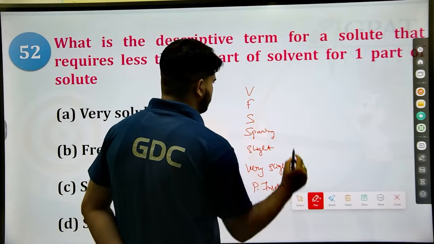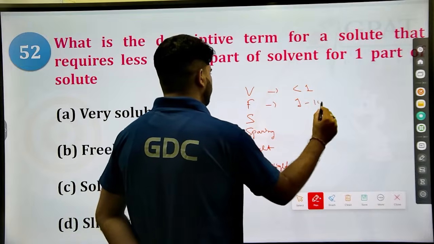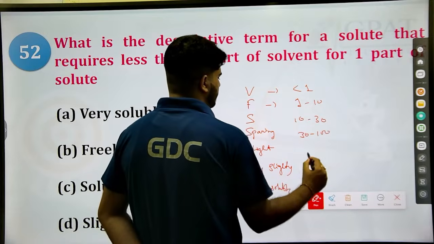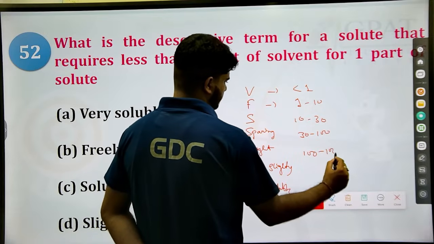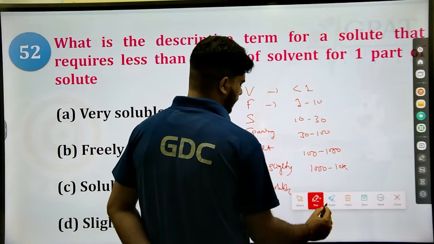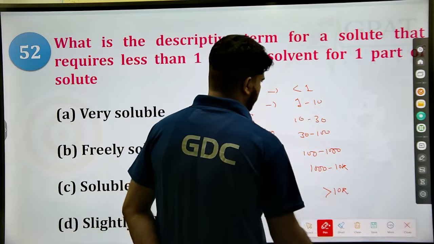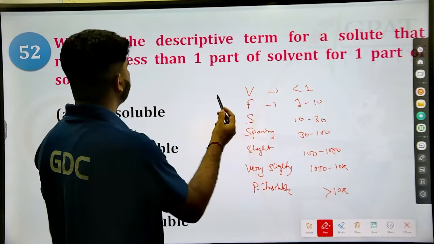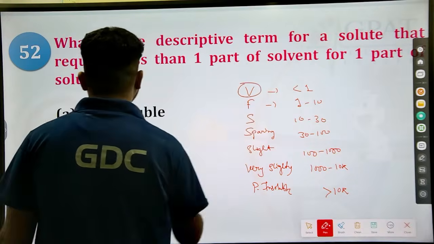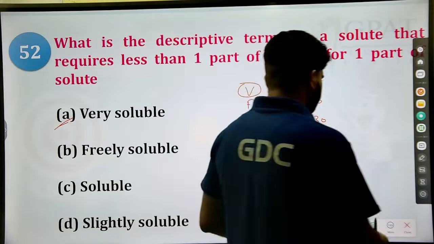So that is less than 1, freely 1 to 10, 10 to 30, 30 to 100, 100 to 1000, and 1000 to 10,000, and over here more than 10,000. Okay, so less than 1 part, that is your very soluble. So A is going to be your correct answer over here, right? Sure.